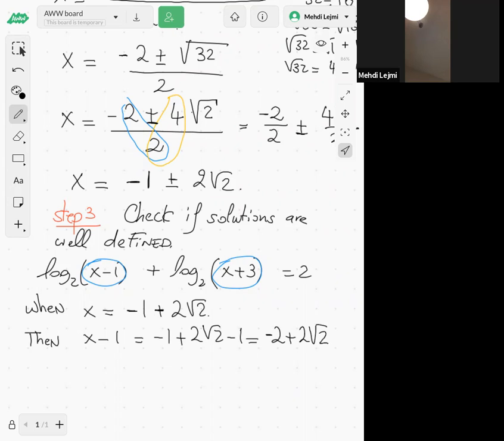Okay, now the question is, is this positive or negative? Well, actually, the square root of 2 is approximately 1.4. If you use a calculator, it's approximately that. So this minus 2 plus 2 square root of 2 is going to be positive.